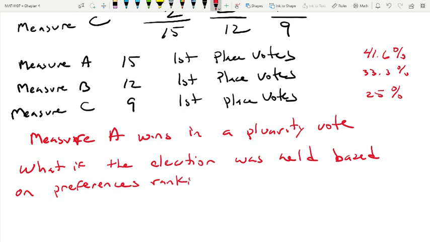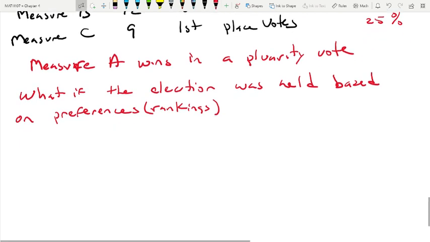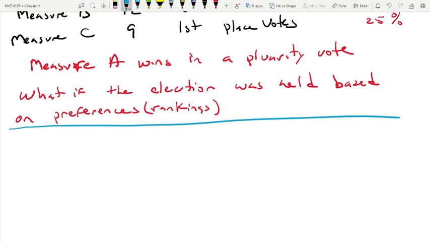Okay. So if we did it in this system, we do it basically in terms of a point system. So now it would be based on points.